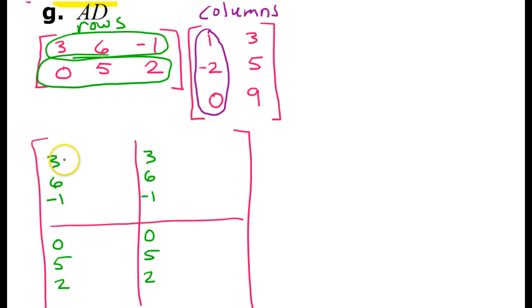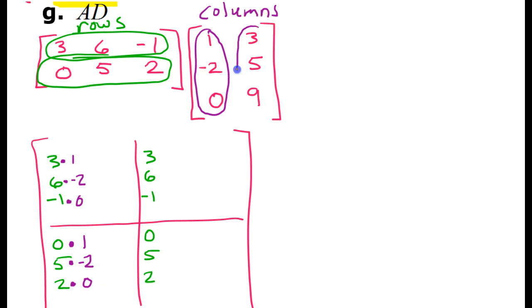So that's why I'm going to have 1, and this is a multiplication sign. So this is times 1 times -2 times 0. Column 1 goes throughout column 1.